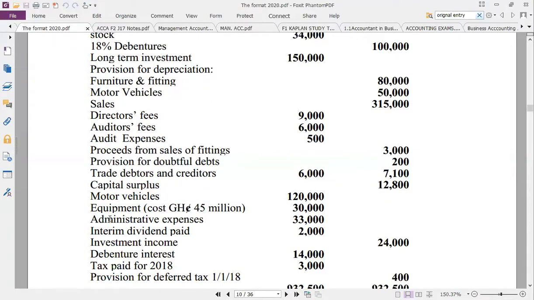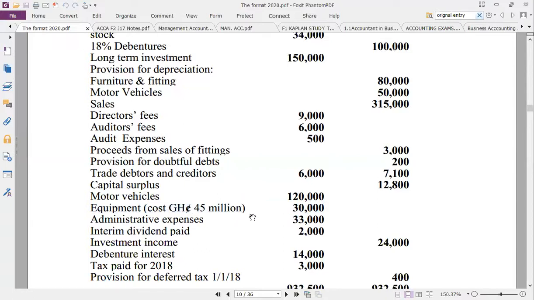Then equipment cost 45 million. But the current amount is 30 million. That means they've subtracted the accumulated depreciation from the 45 before they arrive at the 30.